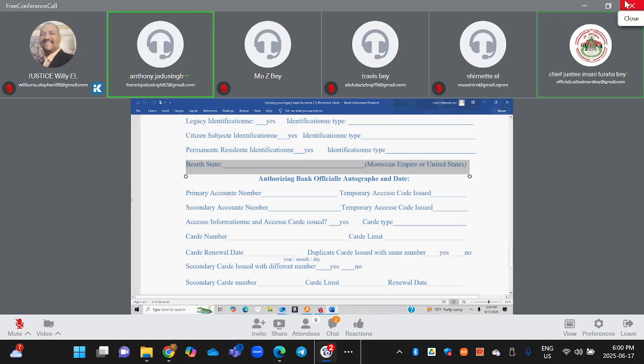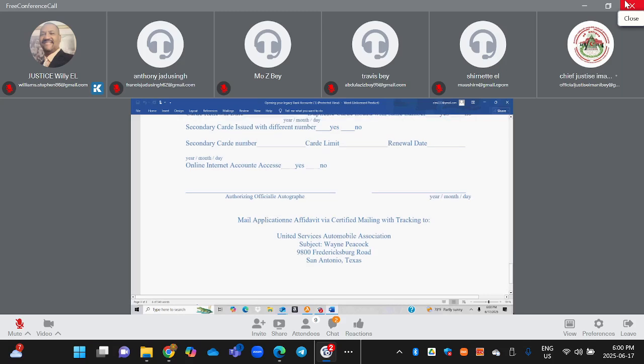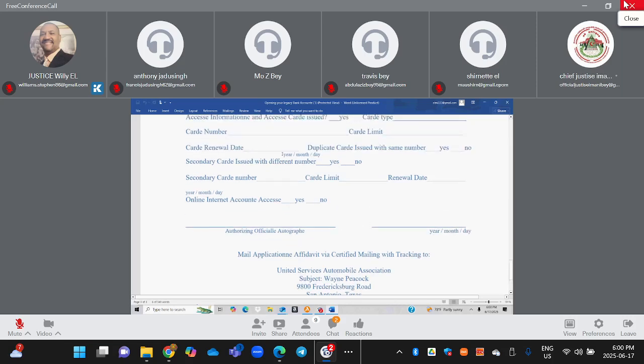And then you're down here where it says, if you had a card, this would be your renewal date. And then duplicate card issue, same number.